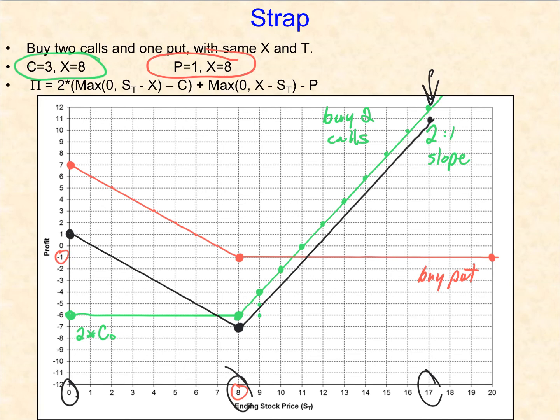Notice for the strap that the line looks a lot like it did for the straddle. It's a V-shaped line. Our maximum loss occurs here when the stock price is relatively unchanged. Our profits occur on the left-hand side and the right-hand side of the diagram.